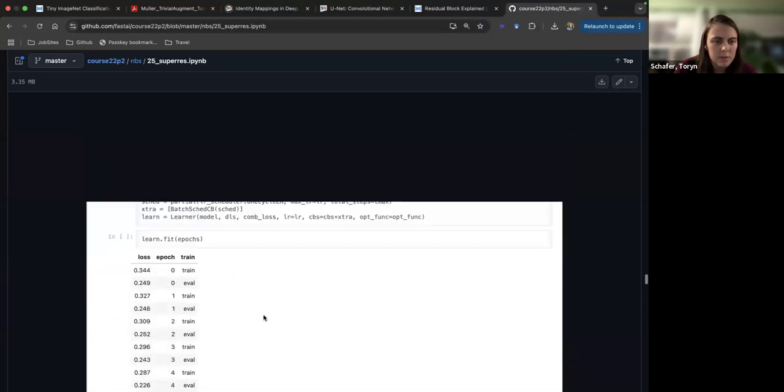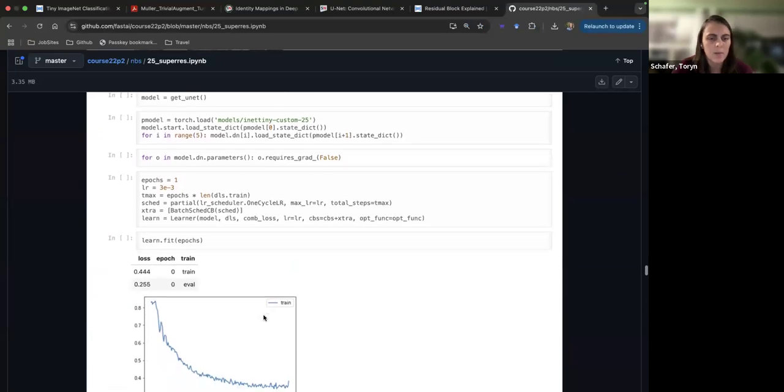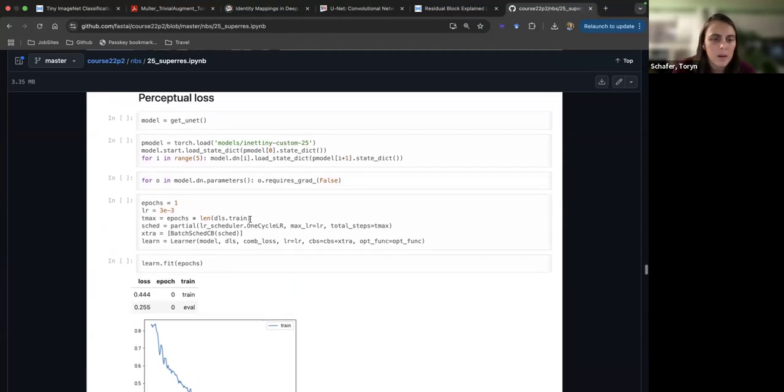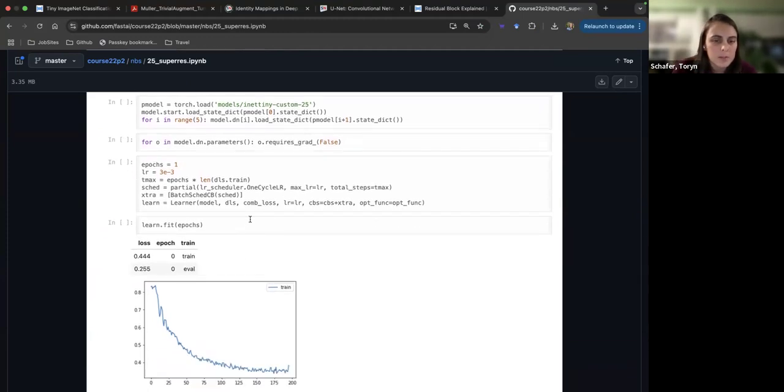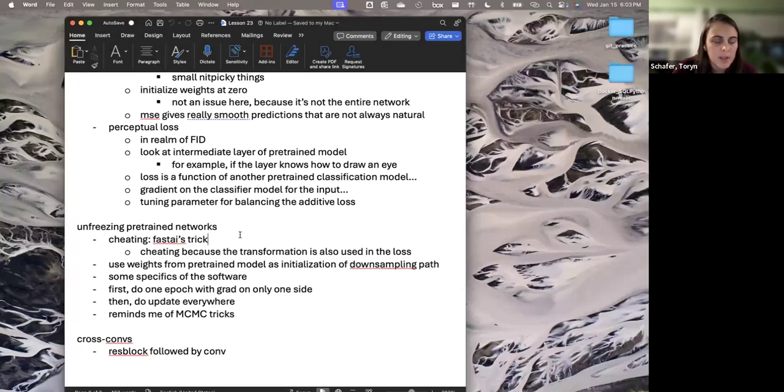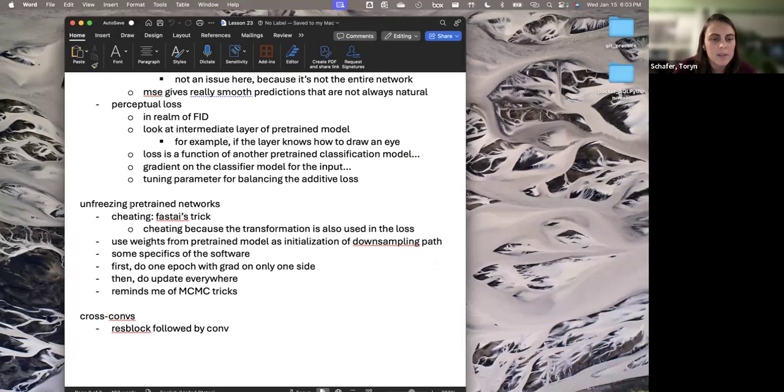This label still says perceptual loss, but this is the freezing and unfreezing trick, I believe. So let me just go to my notes for a second. So the next trick is, he says this is Fast AI's trick. He says it's cheating, but they call it unfreezing pre-trained networks.